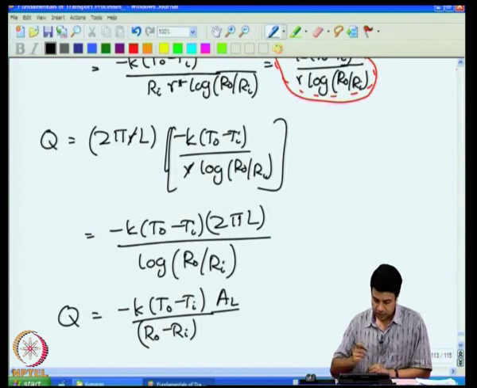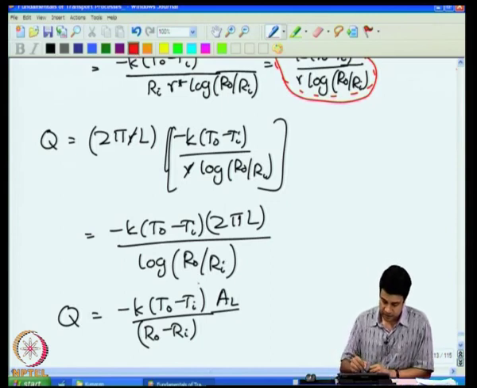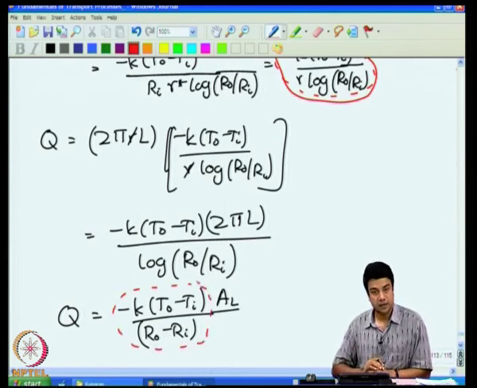This is obtained just by analogy with heat transfer in one dimension. You would expect that the heat flux is going to be equal to k into the temperature difference by the distance. In this particular case, the distance is the distance between the inner and the outer surfaces. So, the heat flux that I get will be equal to minus k into a temperature difference divided by a distance. The total heat is going to be equal to that heat flux times an area.